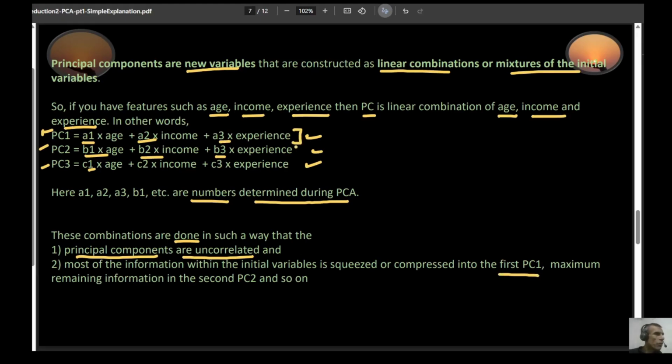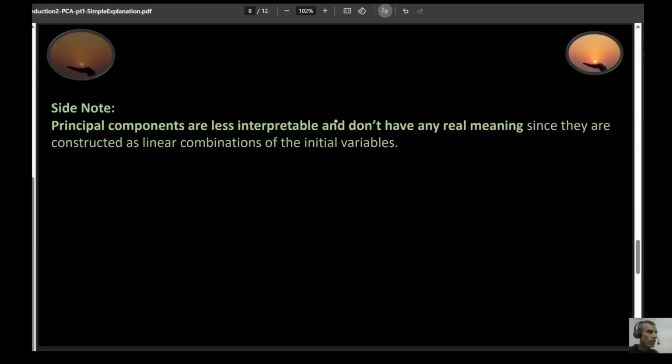The second most information would be contained in PC2, and then the third most information or variance would be present inside PC3. A side note: your principal components are less interpretable. In other words, you cannot think of them as age or income or experience the way you think of normal columns. They don't have any real meaning because they are constructed as a linear combination of your initial variables.